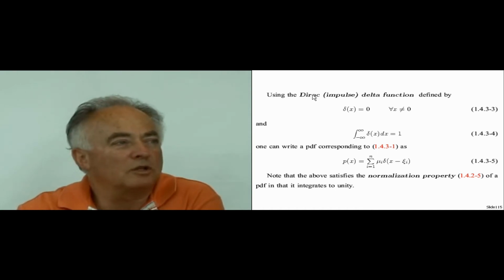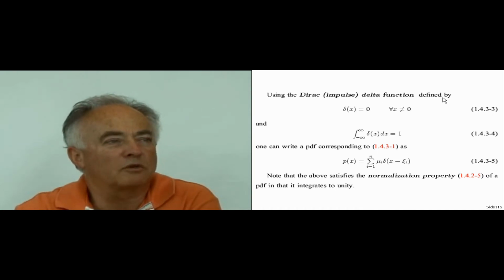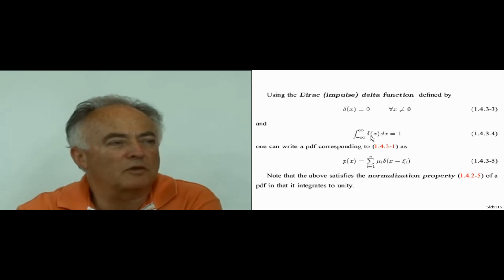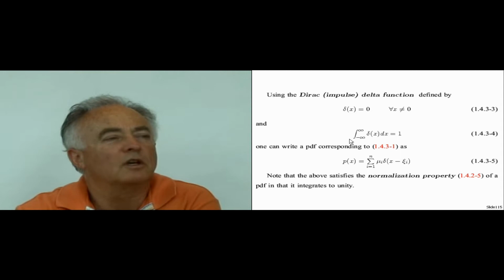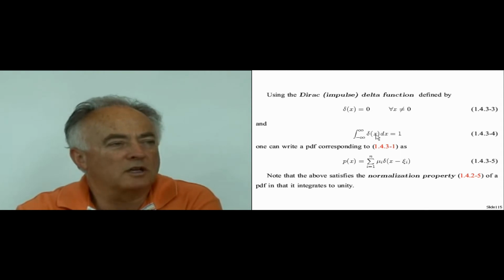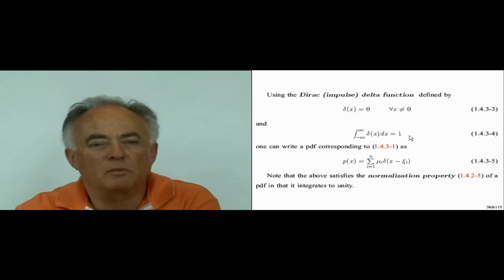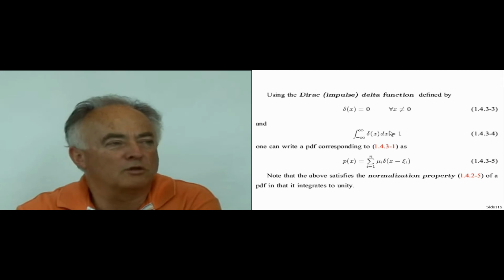Now, using the Dirac or impulse delta functions defined by delta of x equals 0 for every point x that is not 0, at every location where the argument is non-zero, the function is 0, but the function itself integrates to unity over the entire real line, namely it has a point mass, an impulse at the origin of area unity.